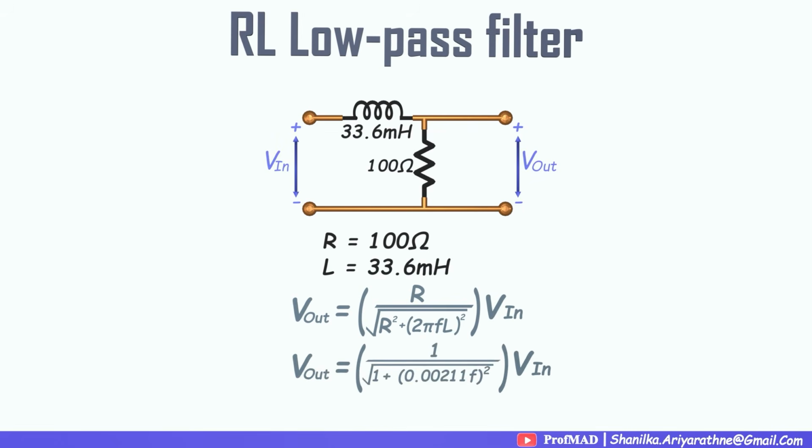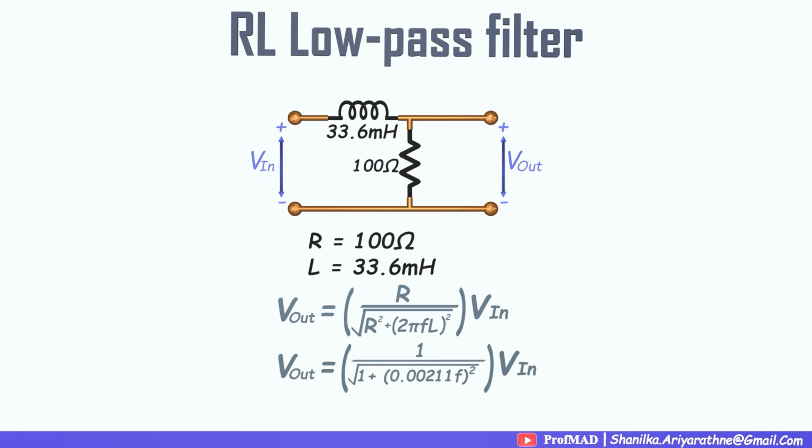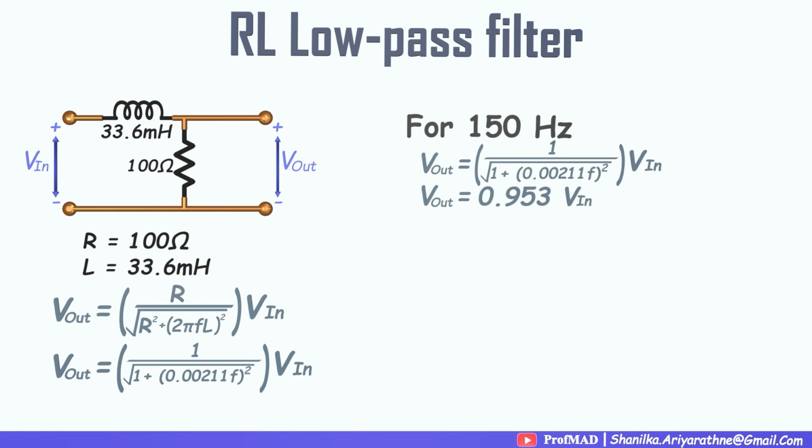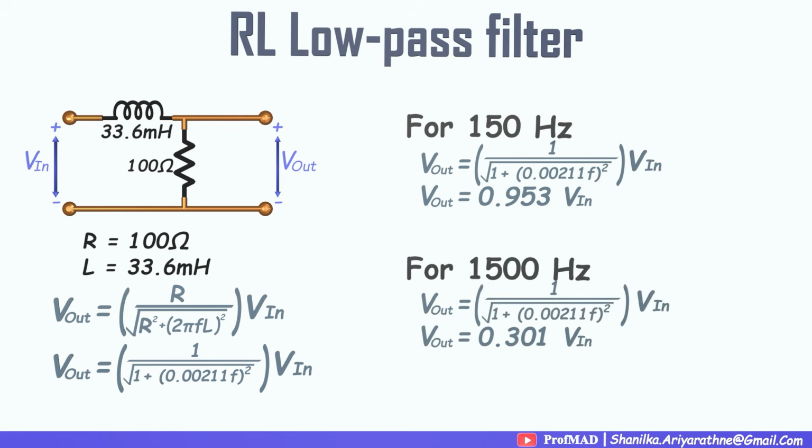Now, let's see how this filter output responds to different input frequencies. For a 150 Hz signal, the output voltage is about 0.95 times the input voltage, so almost the entire low-frequency signal passes through the filter. But for a 1500 Hz signal, the output drops to only about 0.3 times the input voltage, so the high-frequency signal becomes much weaker. Do you see the idea?